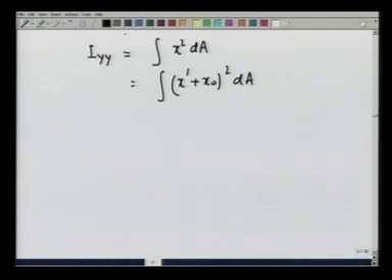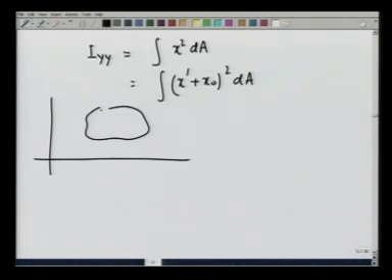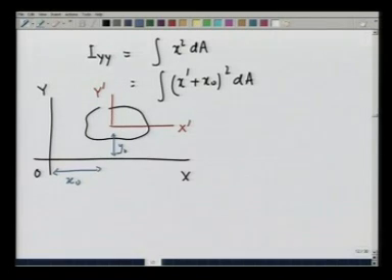Let me for convenience show in the picture again what we are talking about. This is the body, this is the centroid set of axes x prime y prime, this is x y O, this is x0, this is y0.